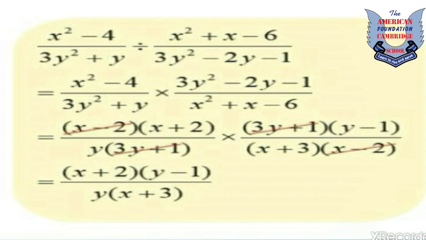From the denominator, extract the common factor y and you will have (3y + 1) inside the bracket. The numerator and the denominator of the second fraction both can be factorized by breaking their middle terms. You can do the factorization separately and you can write the results directly in the solution.